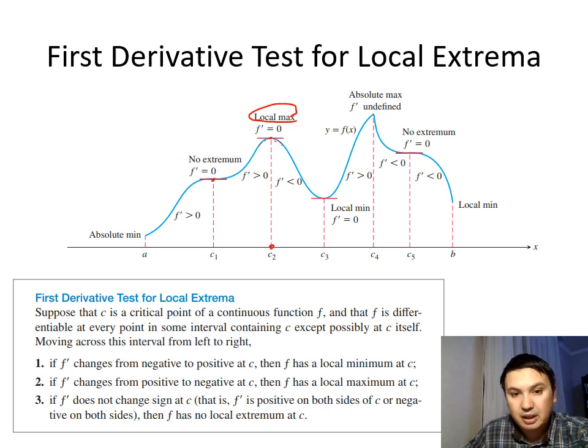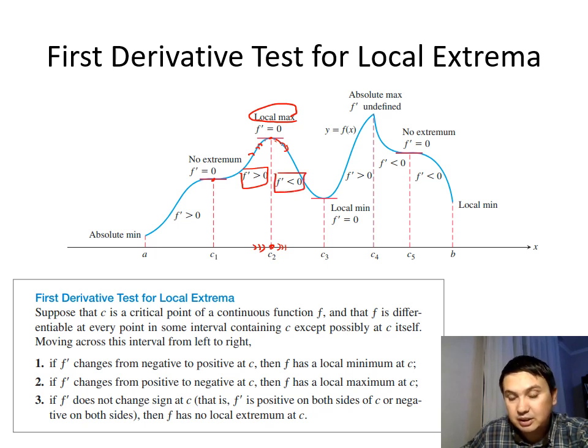Let's look at the behavior. If I get closer to C2 from the left, what's happening? My function is increasing, right? What does that mean? It means the derivative here is positive on the left. But then when you pass C2, the function must be decreasing nearby.